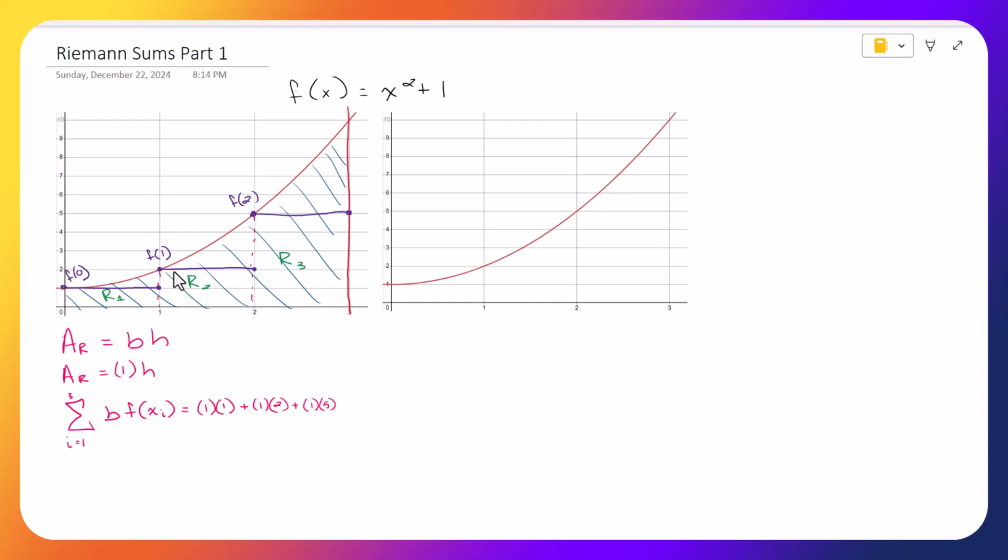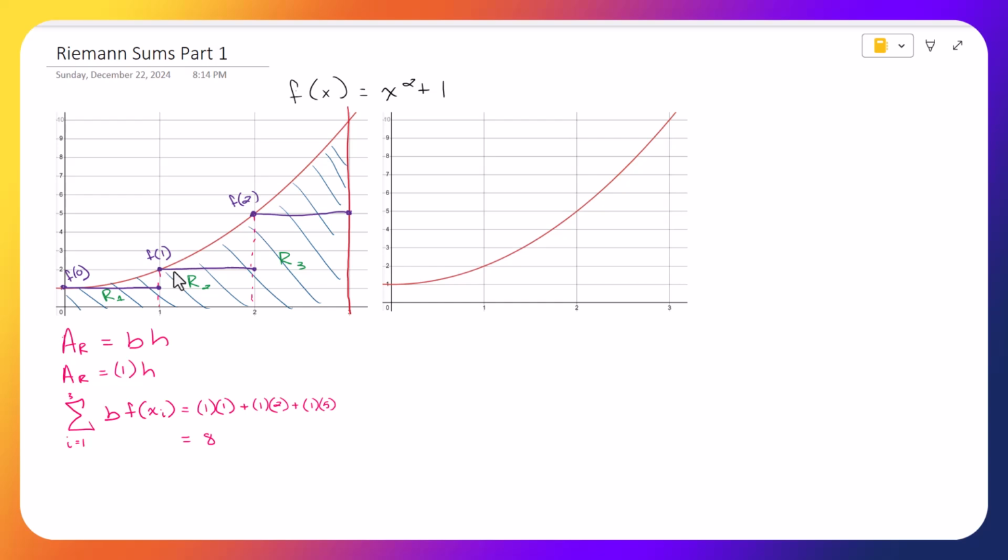Okay, and so if we simplify this, that's going to give us 1 times 1 is 1, plus 1 times 2, that's 2, 1 plus 2 is 3, plus 5 is 8. So we get that this area under the curve that we're approximating is going to be 8.